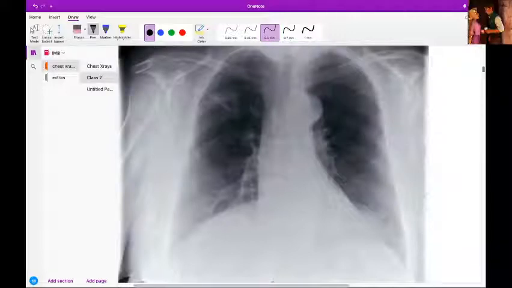No. What are you doing? Right and left lower lobe. No.